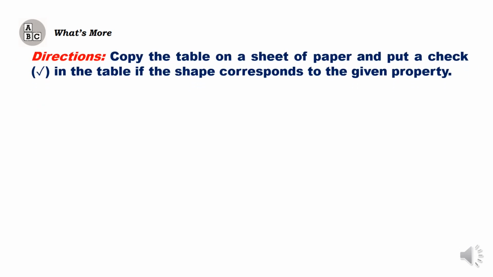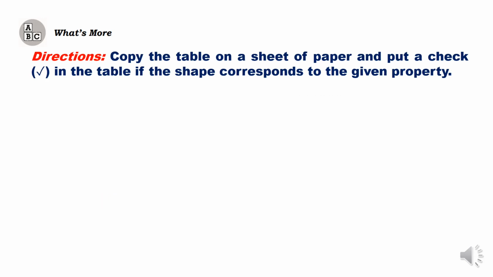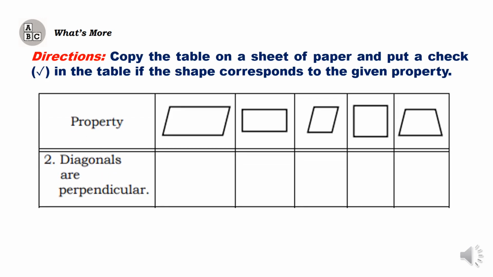Copy the table on a sheet of paper and put a check in the table if the shape corresponds to the given property. Number 1, both pairs of opposite sides are parallel. Parallelogram, rectangle, rhombus, and square. Number 2, diagonals are perpendicular.